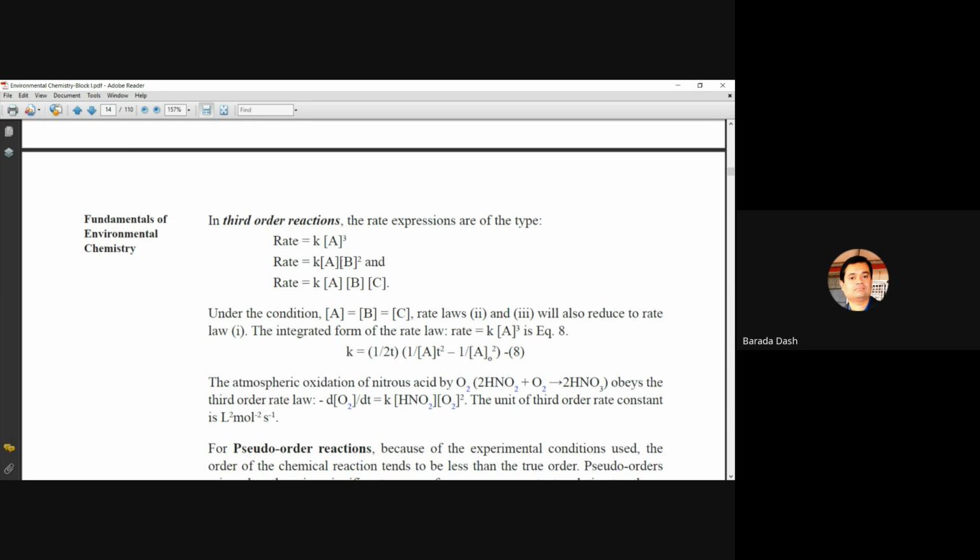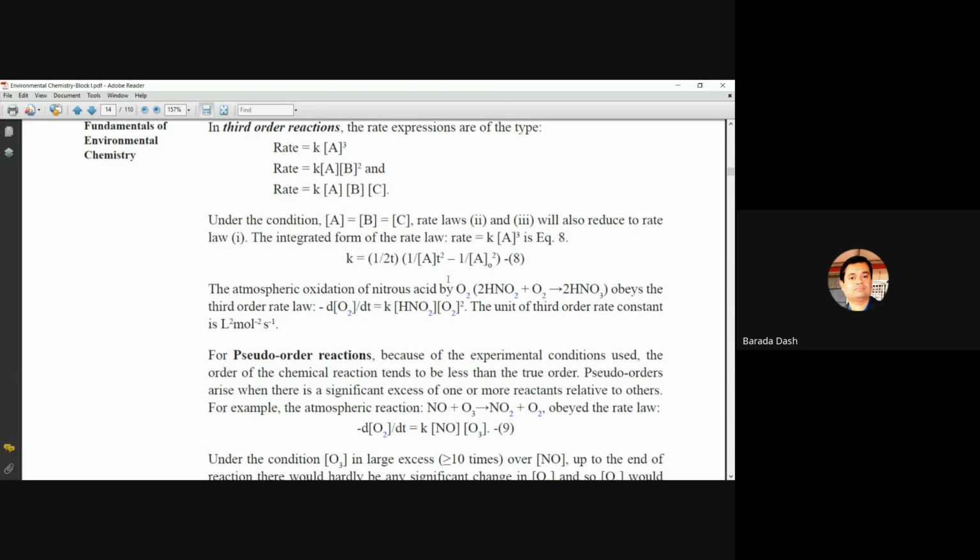But if there are two reactants, A and B, then it could be A square B. So the rate is equal to constant k into A into B into C, with all three present, under the condition that the concentration of A equals the concentration of B equals the concentration of C. So the rate law reduces, and if it is a third order reaction, the rate constant k can be derived from this equation.